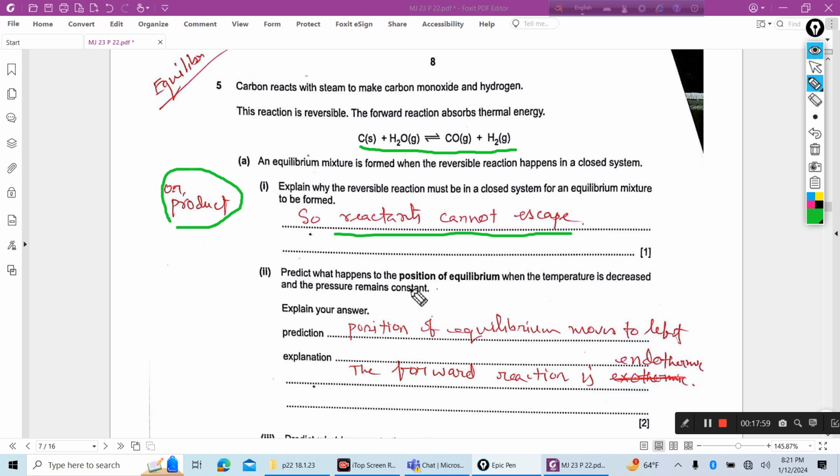Predict what happens to the position of equilibrium when the temperature is decreased. This forward reaction absorbs thermal energy, which means the forward reaction is endothermic. Delta H will be positive, as it is an endothermic reaction.